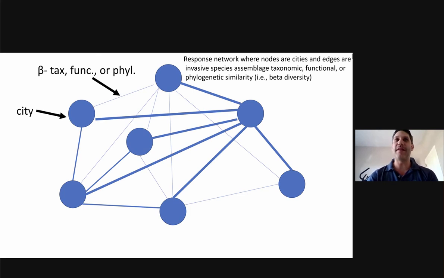And if it's thin, it means that they're not very similar, they're more dissimilar in their taxonomic, functional, or phylogenetic composition. And so this is a really nice way to visualize the different cities and their relationships to each other in terms of similarity within this network context.